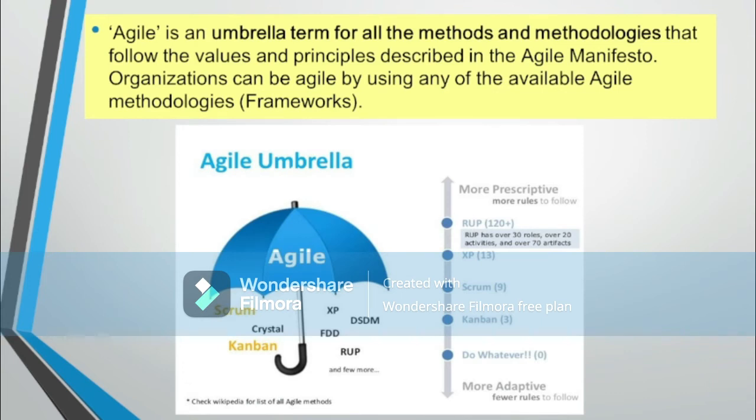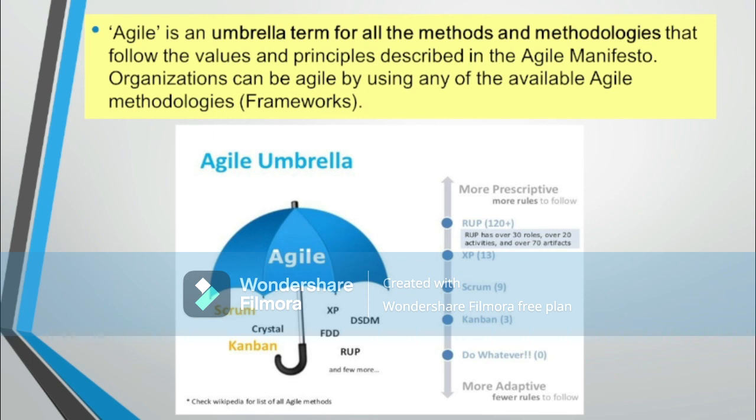Agile is an umbrella term for all the methods and methodologies that follow the values and principles described in the Agile Manifesto. Organizations can be agile by using any of the available agile methodologies.